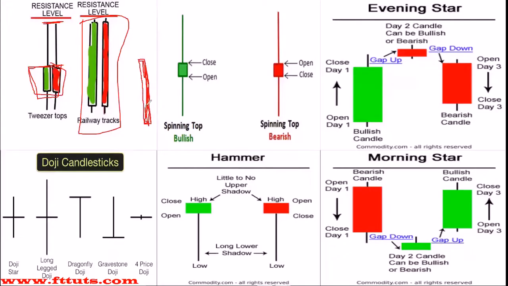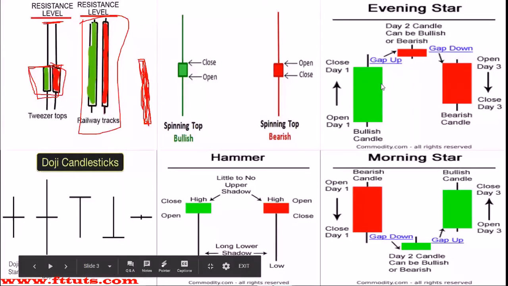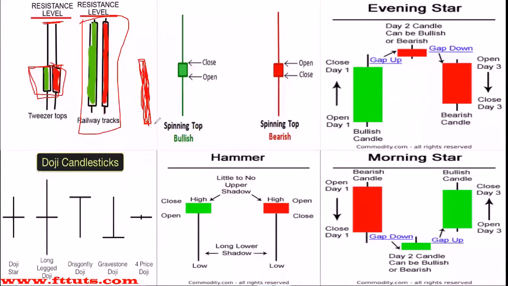Let me actually make this. Okay, you understand that. That is a bearish candle. And now, let's say this one has a nice little wick. And this one closes like this. And that's my bullish candle.